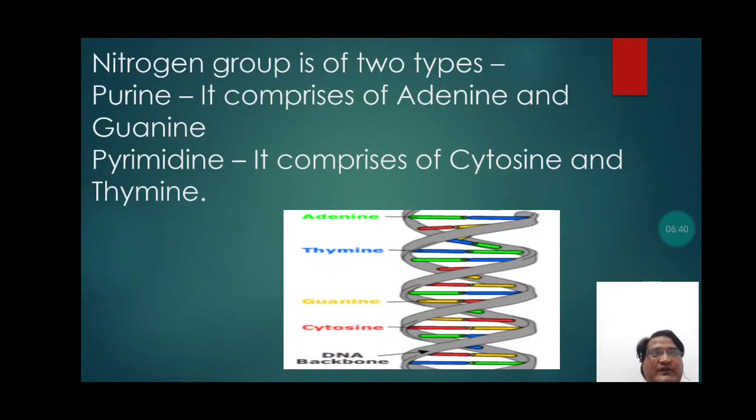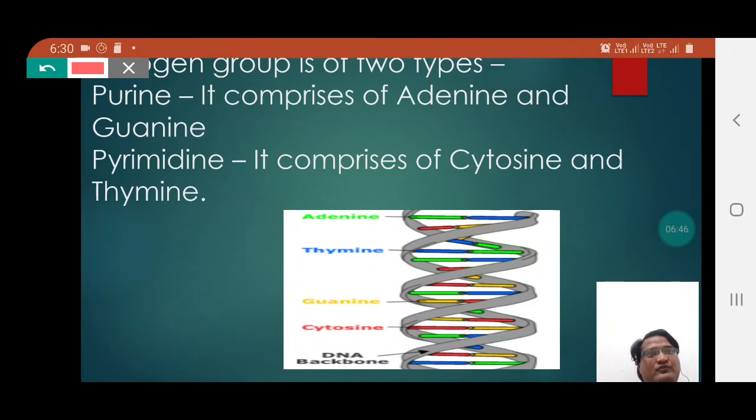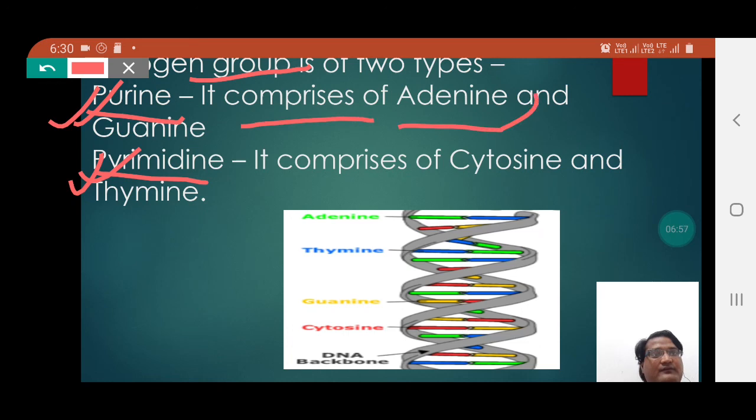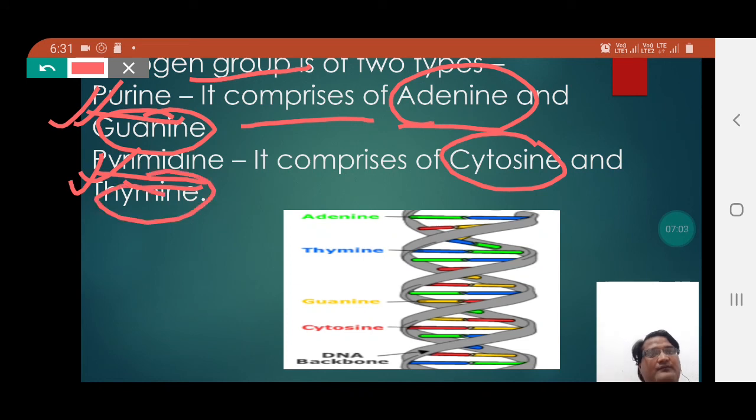Nitrogen base is of 2 types, purine and pyrimidine. Students, so mainly the nitrogen base has 2 types, purine and pyrimidine. Further, purine comprises adenine and guanine, while pyrimidine comprises cytosine and thymine.